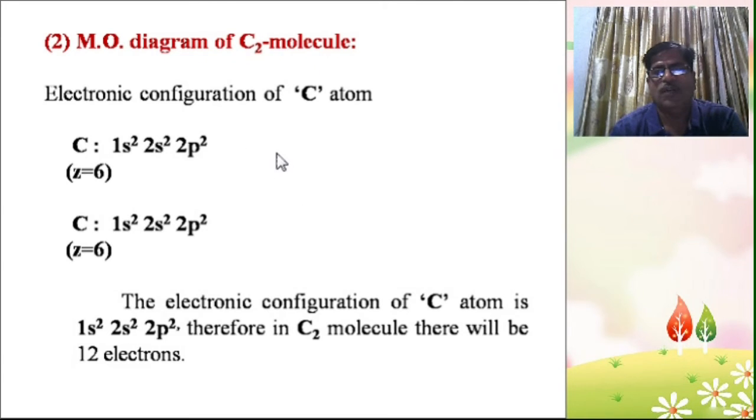So now let's discuss the C2 molecule. C means carbon. The electronic configuration of a carbon atom is 1s2, 2s2, 2p2. Therefore, in the C2 molecule there will be 12 electrons.